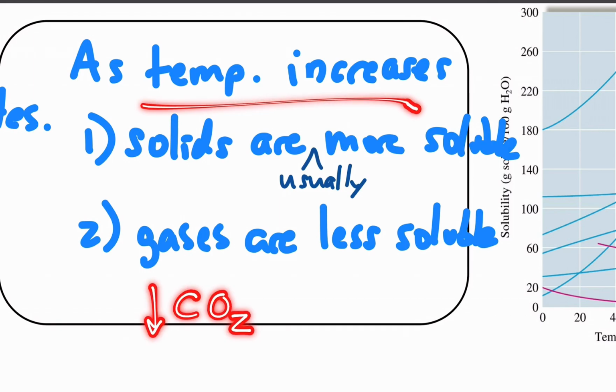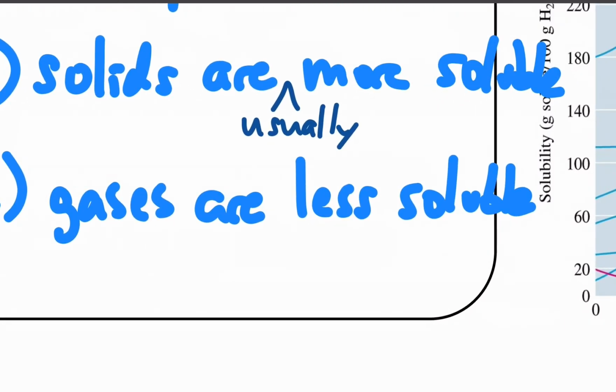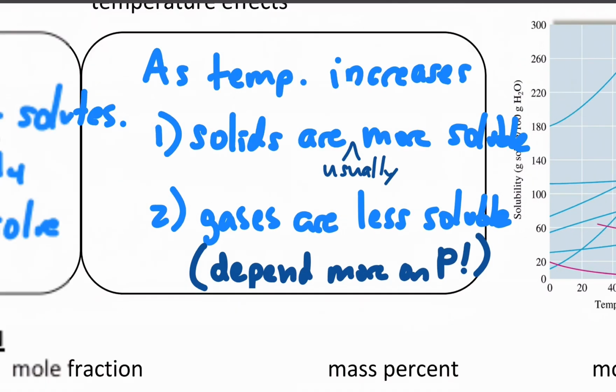Anybody who's taken a soft drink and let it warm up certainly knows that from experience. Frankly, gases depend more on pressure. So I'll mention that here, depend more on pressure. Although temperature also plays a role.